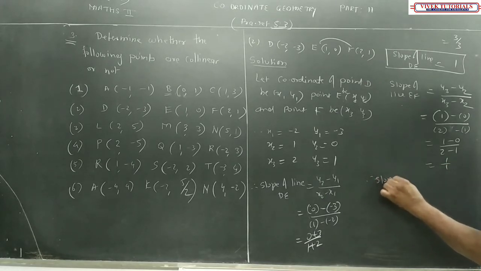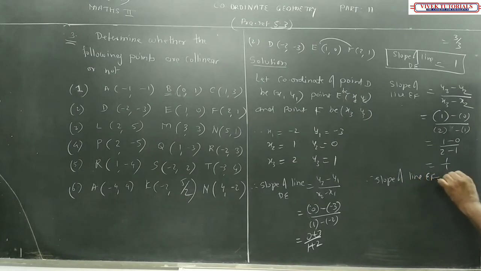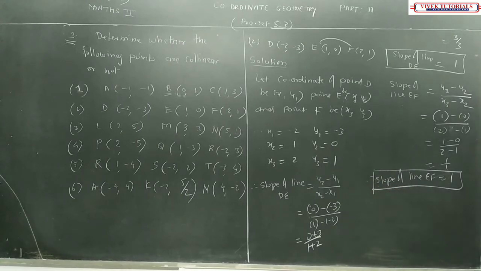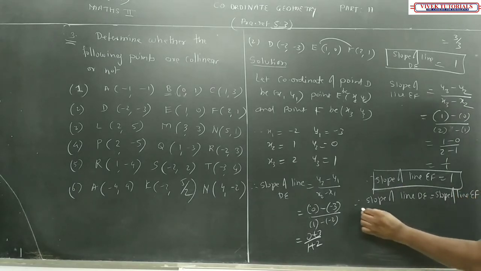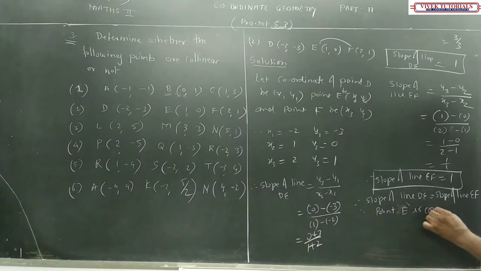Therefore, the slope of line EF is 1. Since it is 1, what do I write? The slope of line DE is equal to the slope of line EF and point E is a common point.